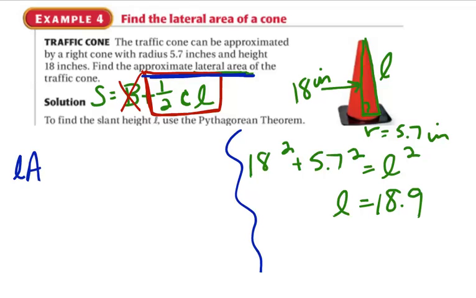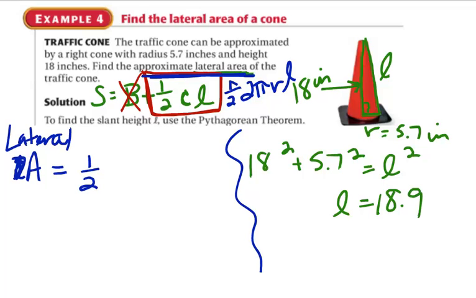So we could say lateral area is going to, now let's not use the lowercase l. Let's just call that lateral. Lateral area is going to be 1/2 the circumference, and remember your circumference. Well, now if we look at the formula again, 1/2 circumference is 2 pi r times L. So again, that 1/2 and the 2 is going to cancel.